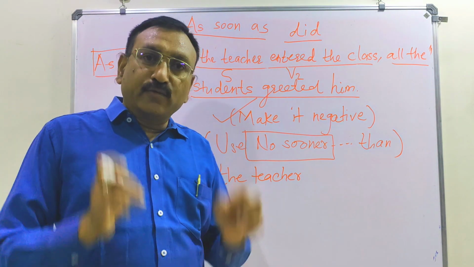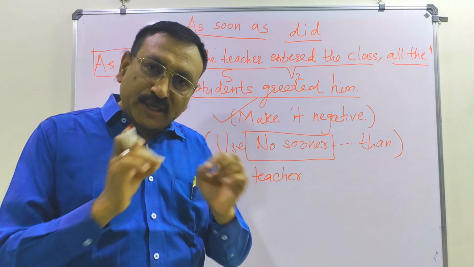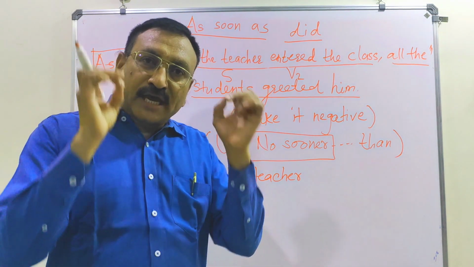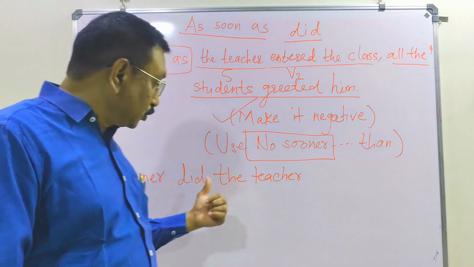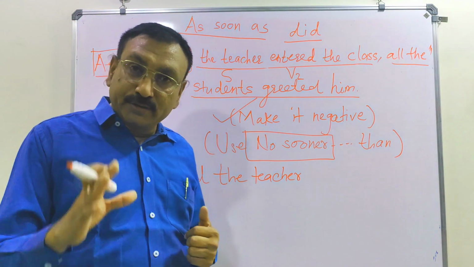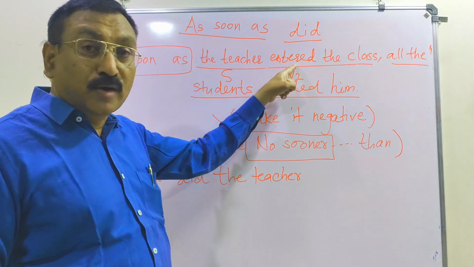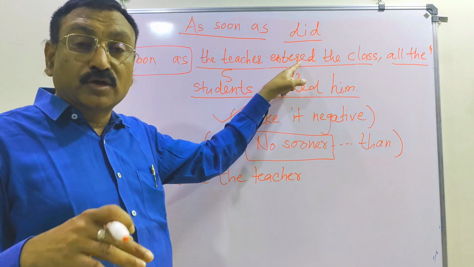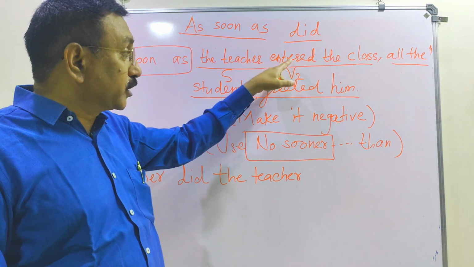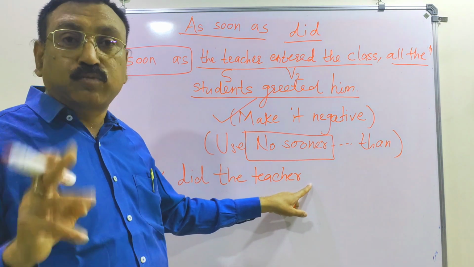Did and V2 cannot occur in the same clause at the same time. Keep in your mind, once you use the auxiliary verb did, you cannot continue the second form of the verb in the same clause. We have to transform the second form of the verb into V1, the base form of the verb.